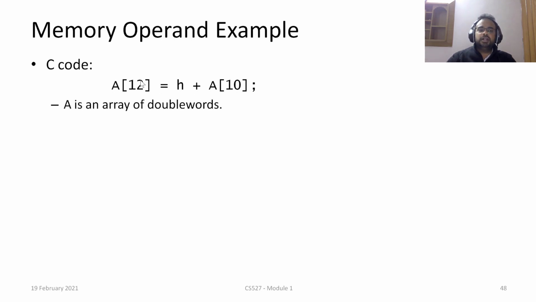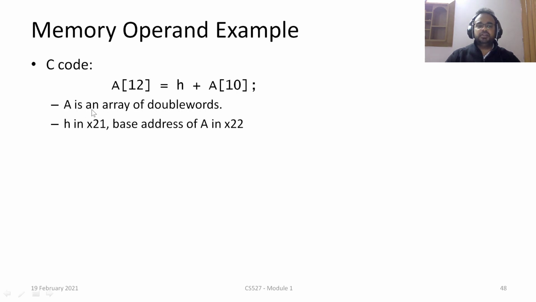Now let's assume that the array A is an array of double words, and in RISC-V a word is 32 bits. It means this is an array of elements where each element is 64 bits in size. Let's also assume that the value of h is available in register x21, and the starting address of A, which we can also call the base address of A, is available in register x22.